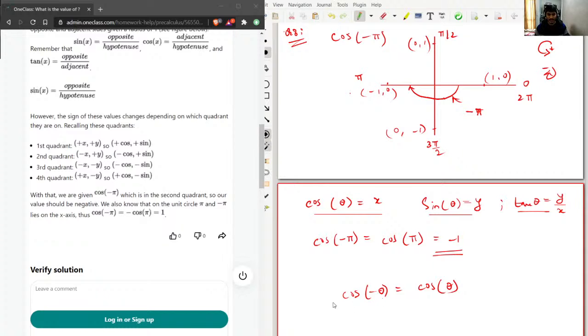Basically, when we studied in high school, cosine has the tendency to eat up the minus sign, while other ratios like sine of minus theta was written as minus sine theta, and tangent of minus theta was also written as negative of tangent of theta.